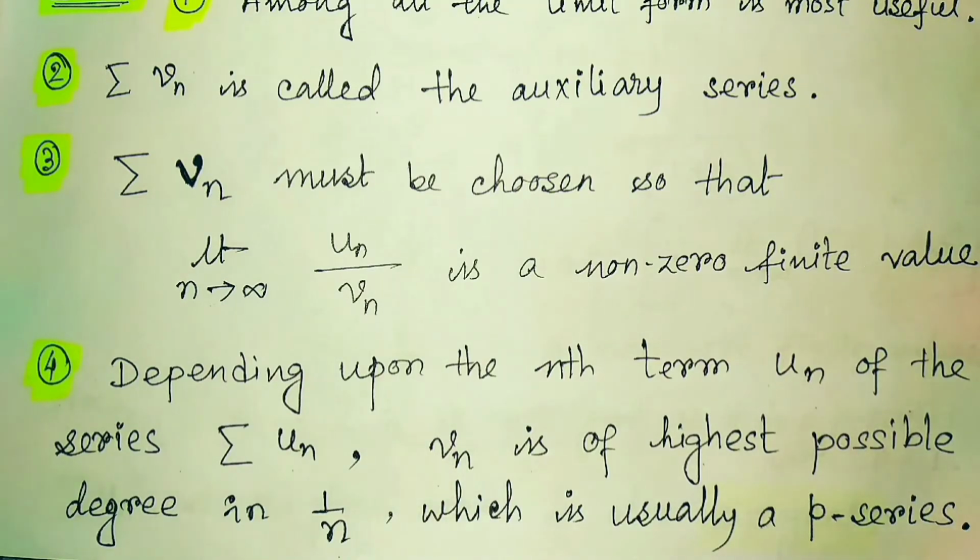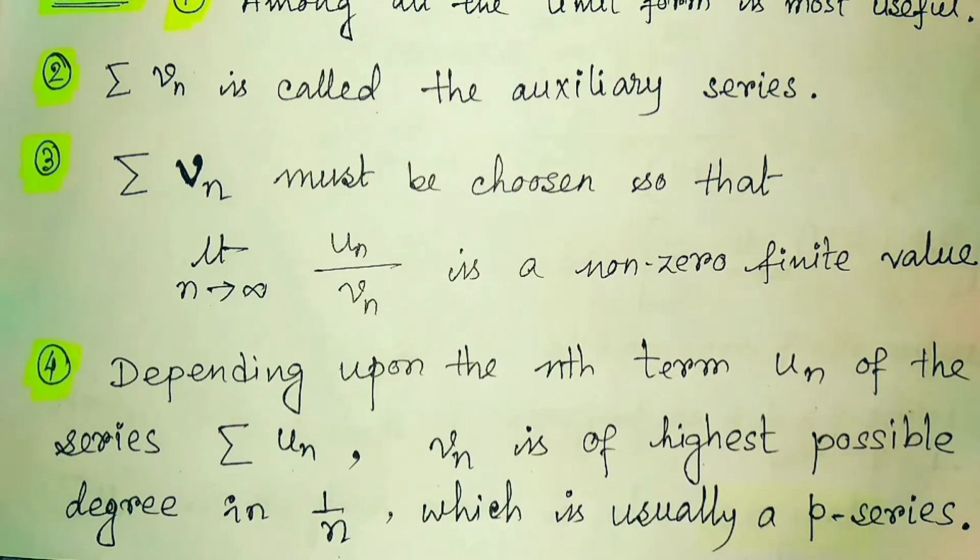I hope you remember this term P series, because in our previous videos we have discussed two special types of series: one is the geometric series, another one is the P series. So in most cases, if we take Vn in the form of either a geometric series or a P series, then we know the nature of the series Vn, and depending upon that, we can determine Un.